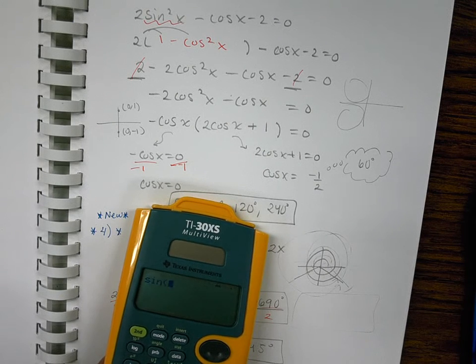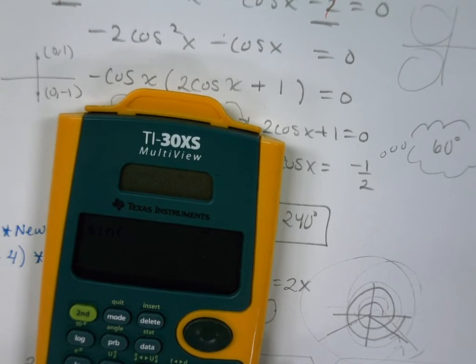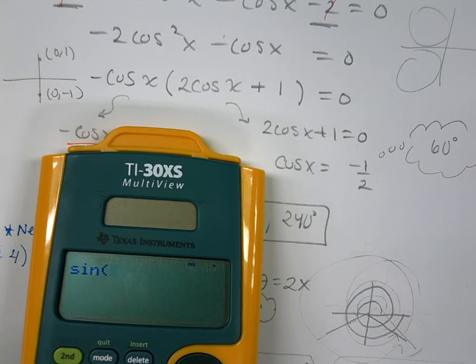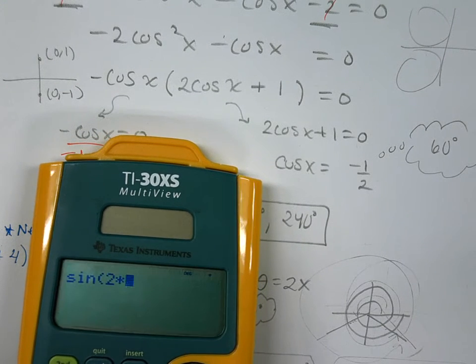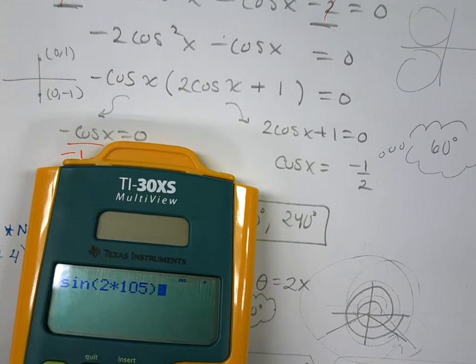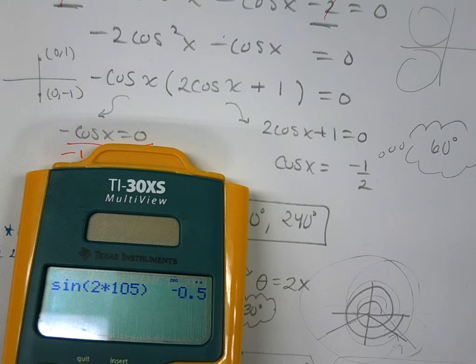Sine, okay, there it is. Sine of 2 times, the first angle was 105, close parentheses, equals -1/2 is what we were hoping for, and indeed it's -0.5.